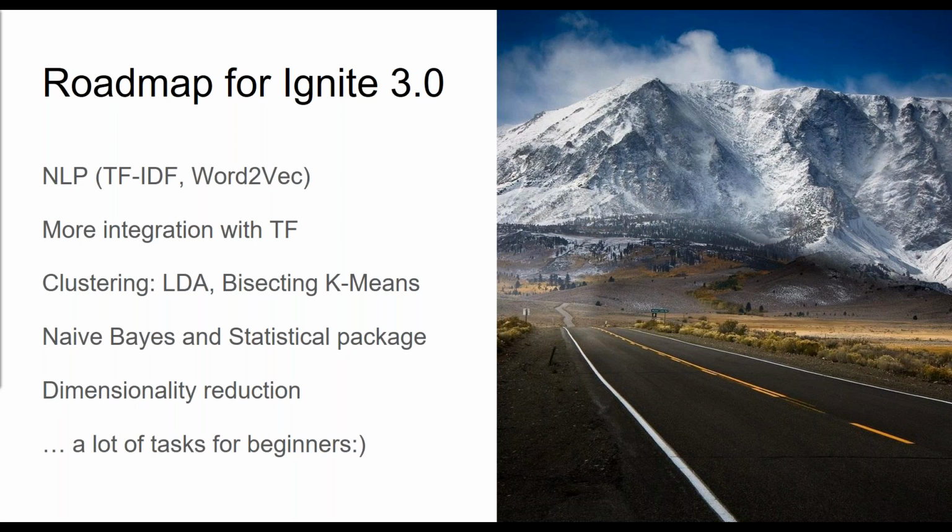We will add more algorithms for dimensionality reduction, and also we are preparing a lot of tasks for beginners. If you want to join us as a contributor, please write to me. As I said, we have special short small tasks for you, but if you want to contribute more, we have a lot of plans in our roadmap for the future.